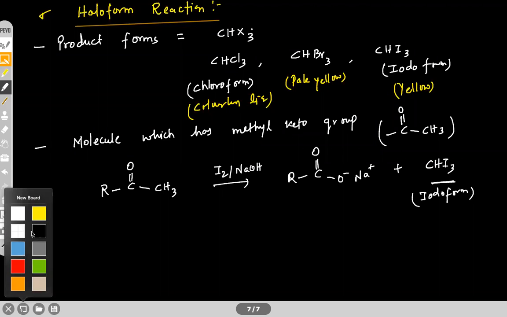Now, let's discuss the mechanism of this reaction. We have R-C double bond O-CH3 and NaOH is the base, OH minus.